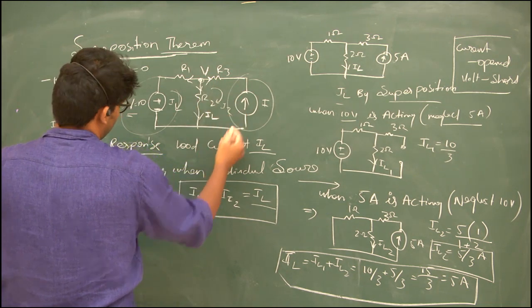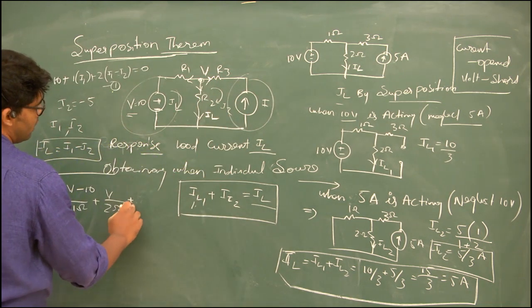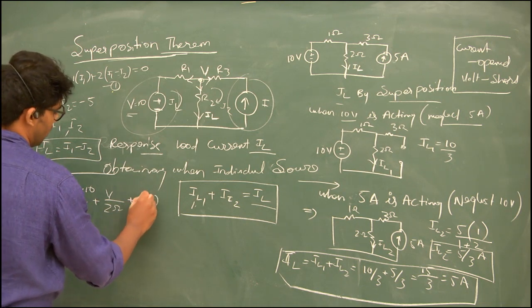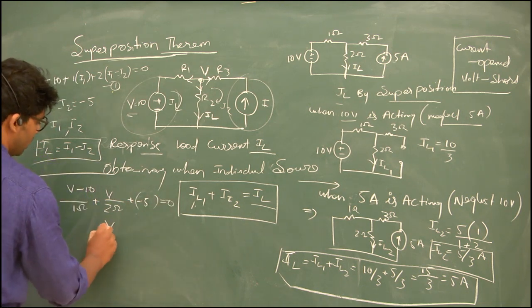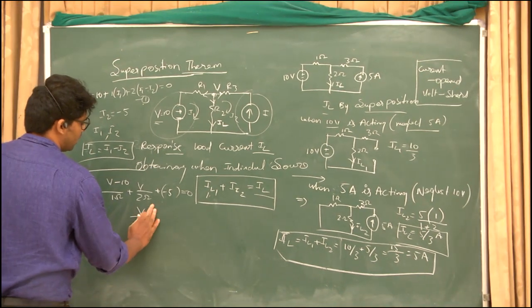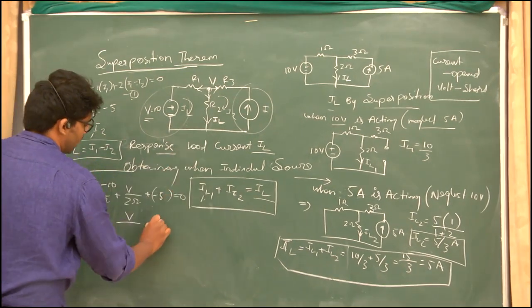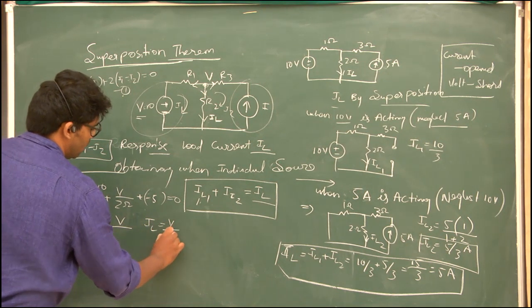So directly in place of this you can write minus 5 amps is flowing, equal to 0. You will find the voltage here. After finding the voltage here, we will get load current IL, that is IL equal to V by R2.